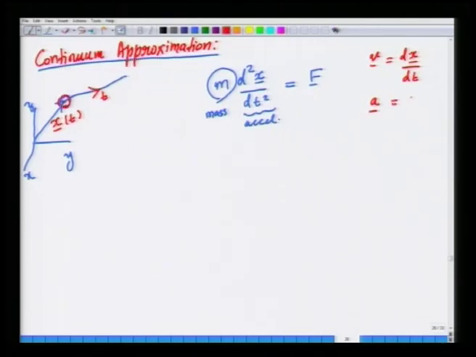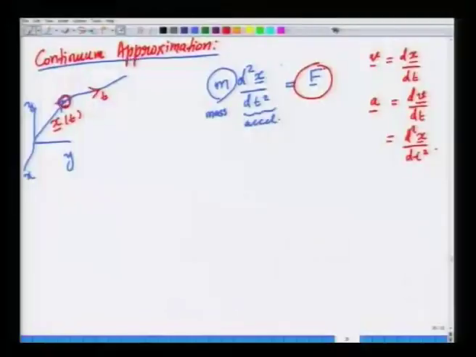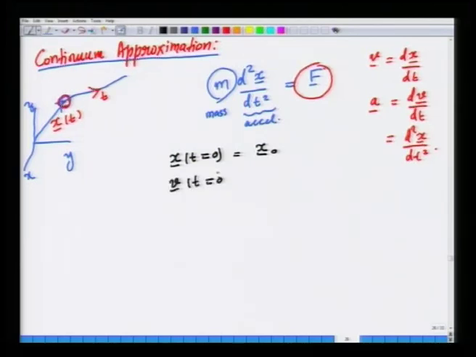Acceleration a is the rate of change of velocity, therefore, it is the second derivative of the position. If you know what forces are acting on a particle, which could be gravitational force or some other force, you can solve this differential equation subject to the condition that at time t equal to 0, you know the position of the particle, and at time t equal to 0, you know the velocity of the particle. The velocity is basically the first derivative of the position.